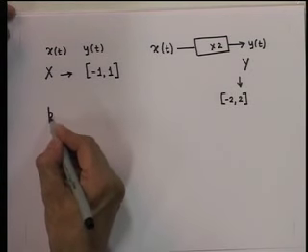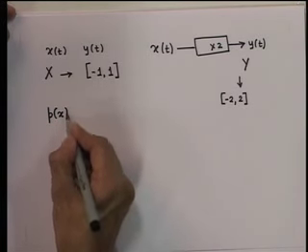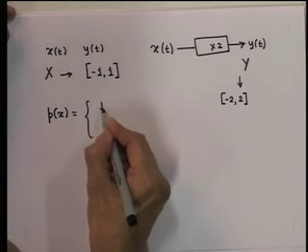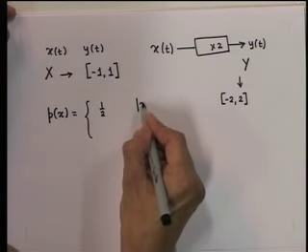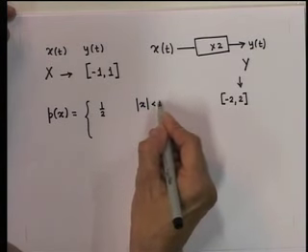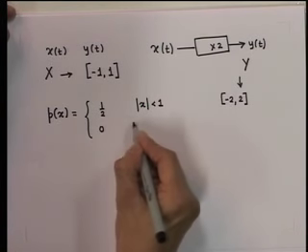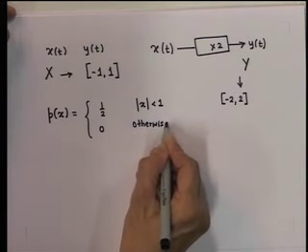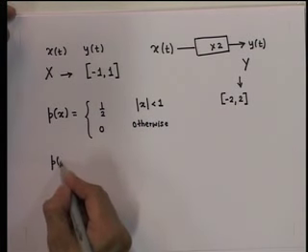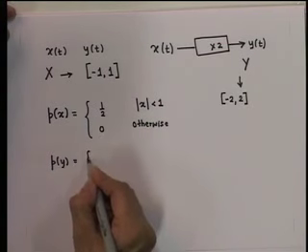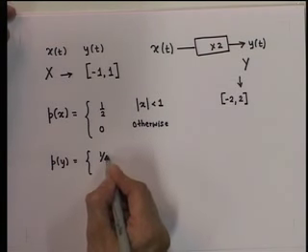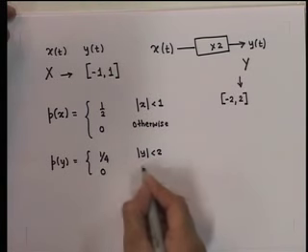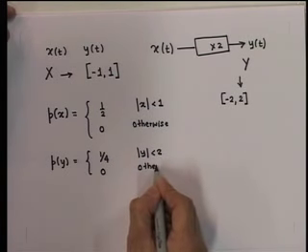So, we have the probability distribution function for the random variable x given by 1/2 when mod x is less than 1 and 0 otherwise, and the probability distribution function for y is given as 1/4 when mod y is less than 2 and is equal to 0 otherwise.